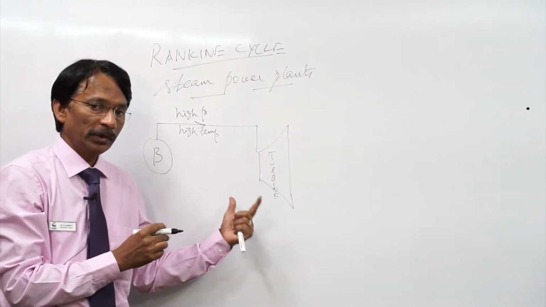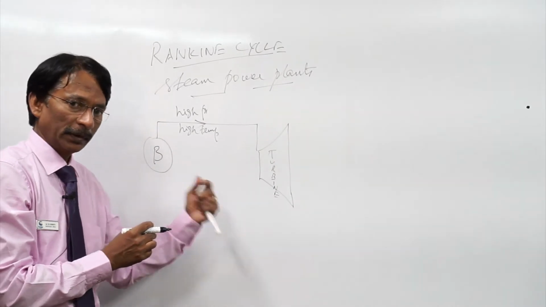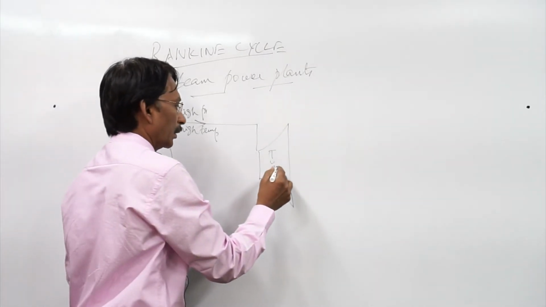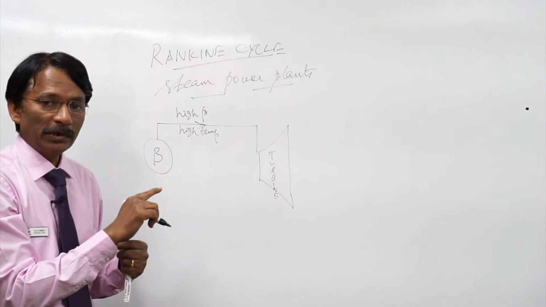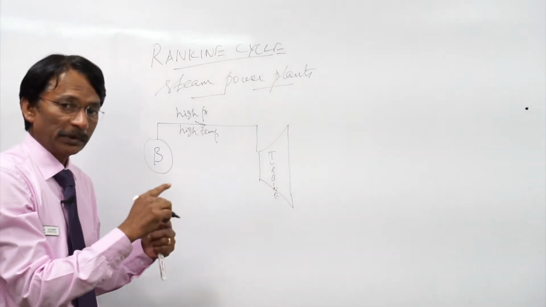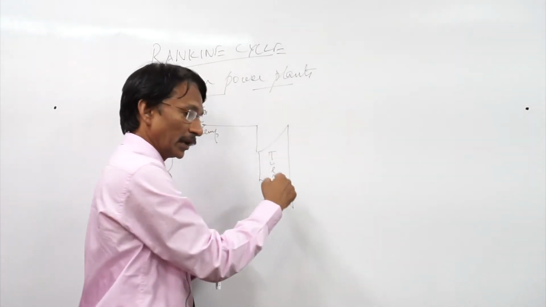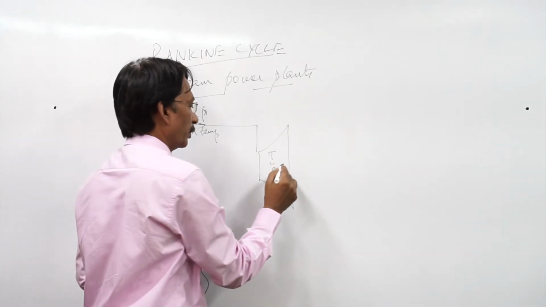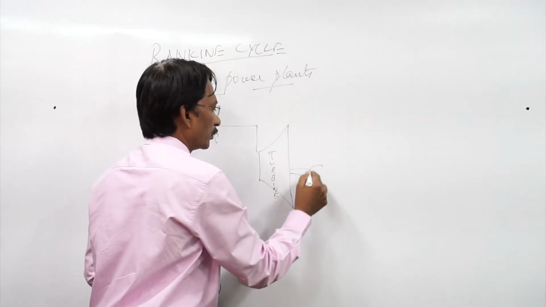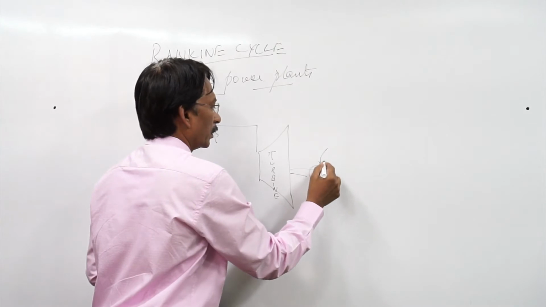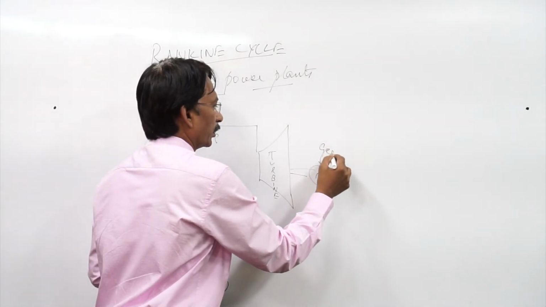The energy from steam is extracted in the turbine, and the heat energy from steam is converted into the rotational or mechanical energy of the turbine, and then the turbine is connected with the alternator or the generator.